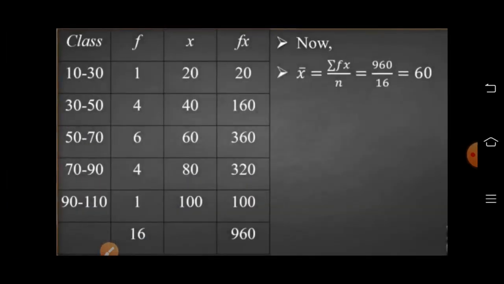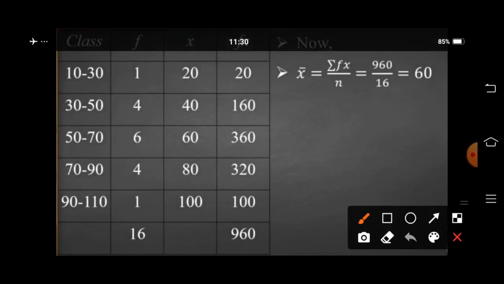We have to find the mean first. For finding the mean, write down the classes 10 to 30, 30 to 50, 50 to 70, 70 to 90, 90 to 110. Write down the frequencies 1, 4, 6, 4, 1.